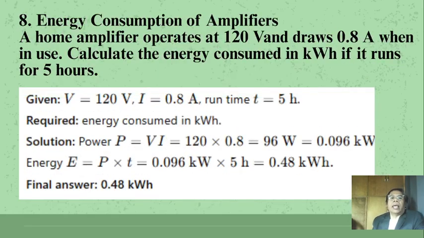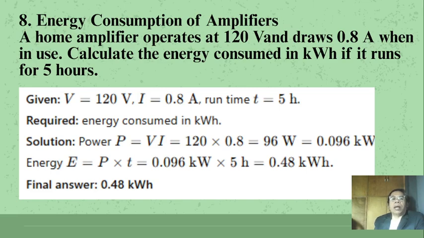Number 8, energy consumption of amplifiers. A home amplifier operates at 120 volts and draws 0.8 ampere when in use. Calculate the energy consumed in kilowatt hours if it runs for 5 hours. So, we're given V of 120 volts, I of 0.8 ampere, runtime 5 hours.